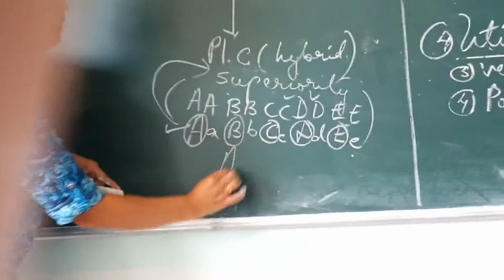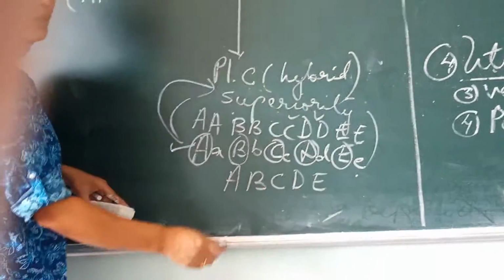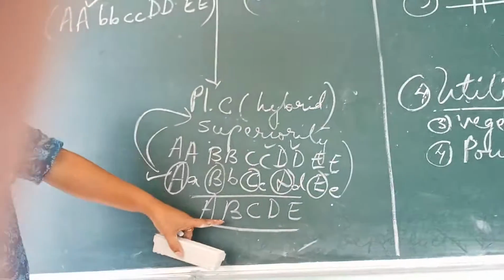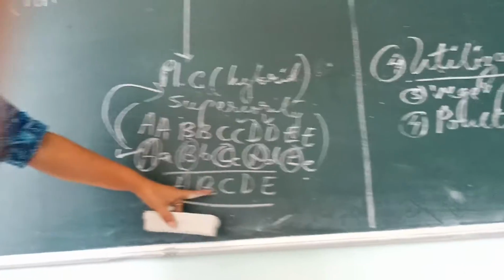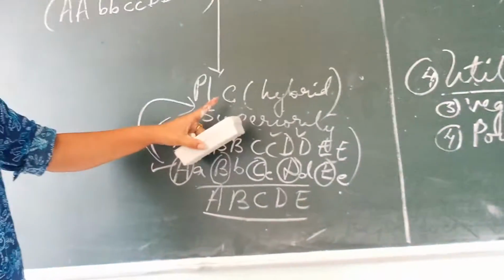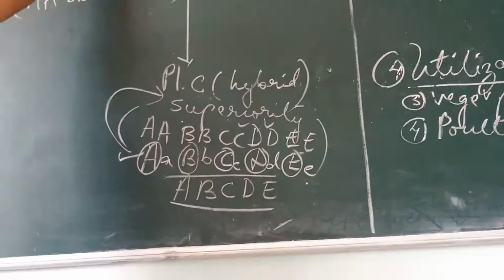So what are the dominant genes? A, B, C, D and E. Even though each is represented only in a single form, still it is the dominant gene that will take over the expression of this plant. So that is the hypothesis of Davenport.